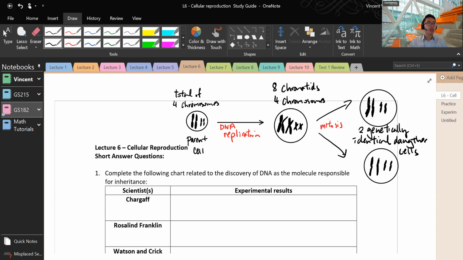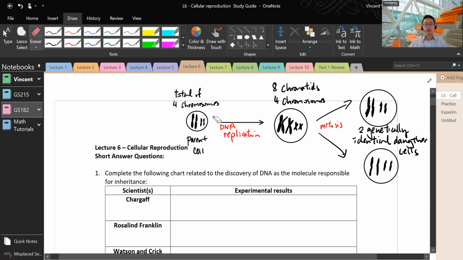So that's what we're going to be looking at today. For the first half, we'll be focusing on DNA replication, and for the second half, we'll be focusing on mitosis. So 4 chromosomes again. Any question about this concept?